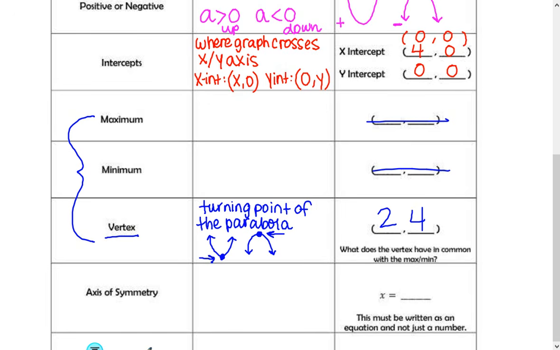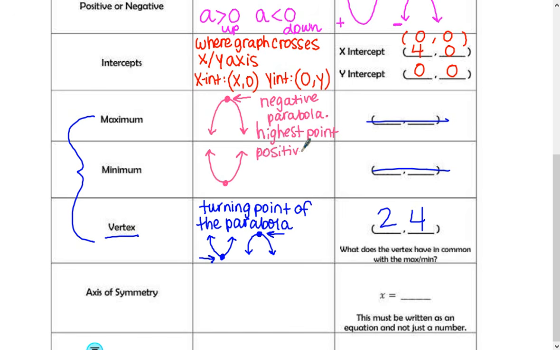So your maximum happens whenever you have a negative parabola, and it's the highest point. All right, so again, our vertex describes that. And if it's a minimum, it's just the opposite, and it's the lowest point. It's a positive parabola, and it's the lowest point.